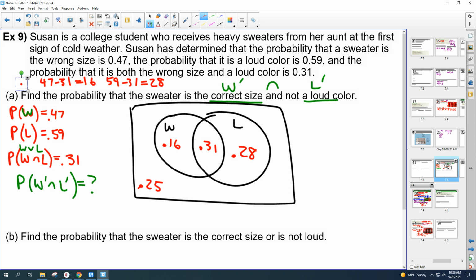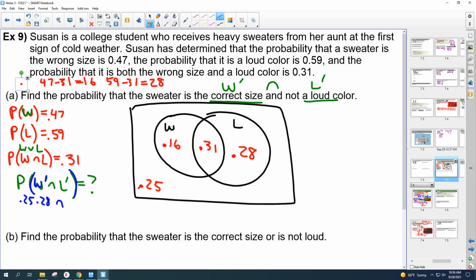Okay. And we need not wrong and not loud. Not wrong and not loud is hard to visualize in this picture. I'm not very good at it, and so I don't even try. I will look at my symbols here, and I will look at my numbers in my diagram. And if I think about not wrong, so tell me the numbers that are not inside the W circle. 0.25 and 0.28, right?